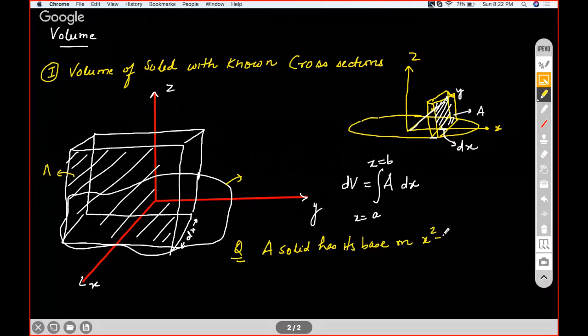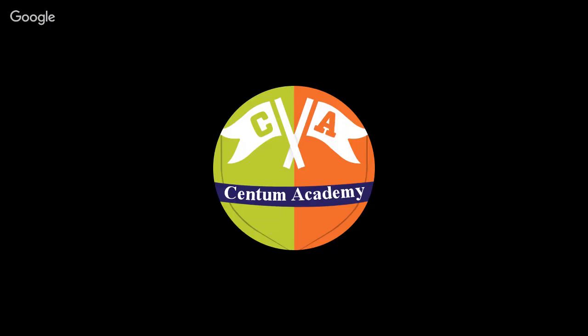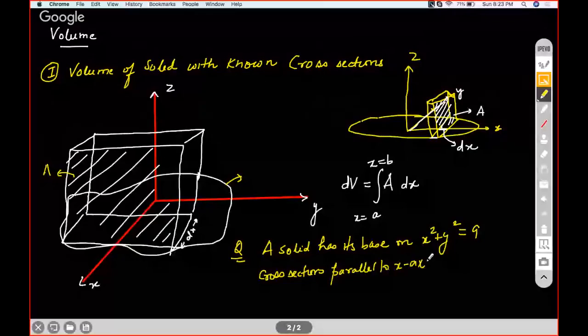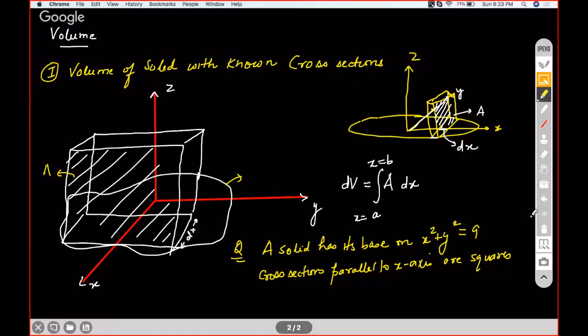And all cross sections parallel to the x-axis are squares. Find the volume of the solid.